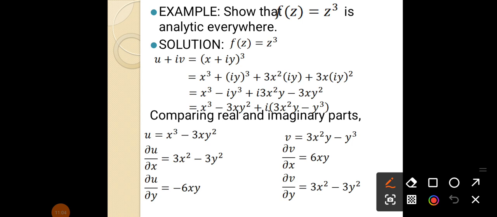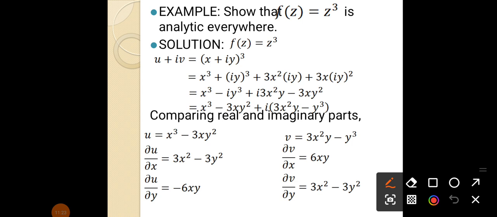Then the derivative of x cube is 0. The derivative of minus 3xy square: minus 3x is constant, and the derivative of y square is 2y. That's why we get here minus 6xy.